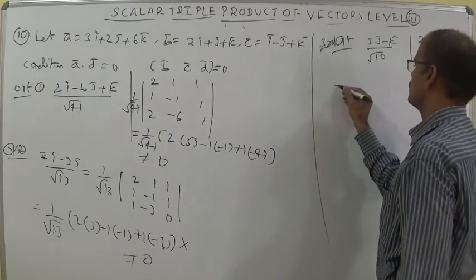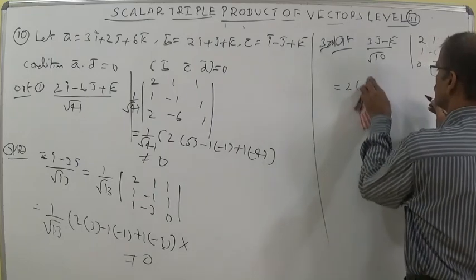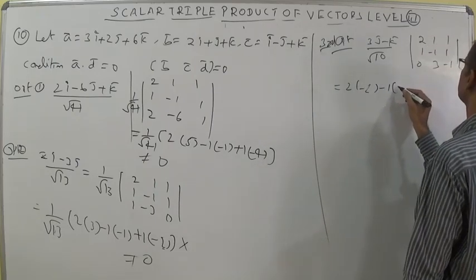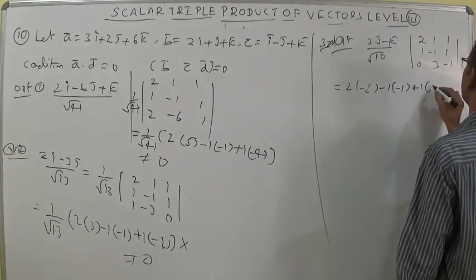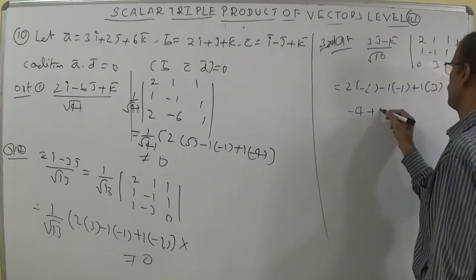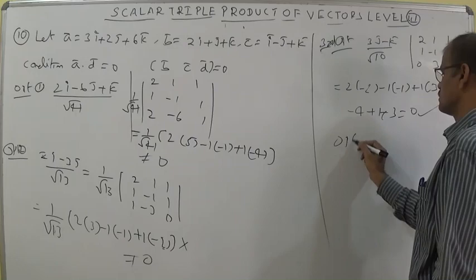That is equal to 2 into 1 minus 3 minus 2, minus 1 into minus 1 plus 1 into 3 minus 4 plus 1 plus 3. Yes, this is 0. So option 3 is the answer.